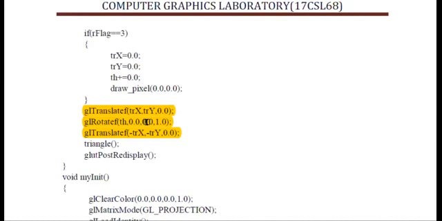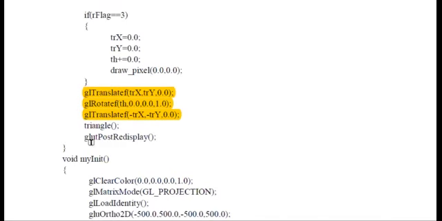Rotation does not take place with respect to x and y, rather it takes place with respect to z. And the third operation is glTranslate. Here again the x and y value is given, so since it is a negative translation, it is minus trx and minus try given over here, and there is no z translation.